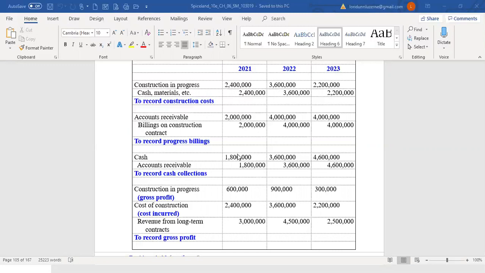The final journal entry will be a debit to the construction in progress, $600,000. So at the end of year one, my construction in progress account has a 3 million debit balance. My accounts receivable has a 200,000 debit balance, and my billings on construction contracts are 2 million.